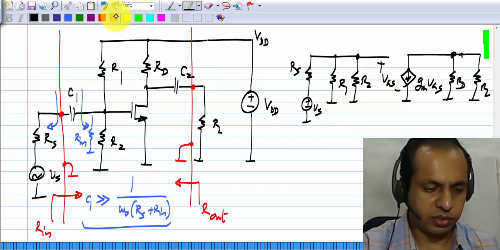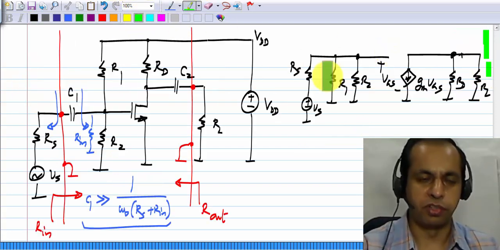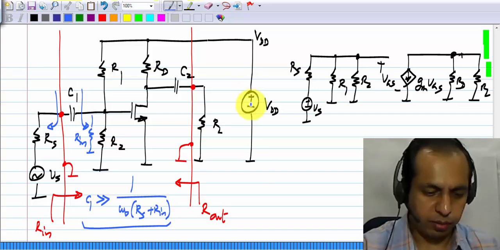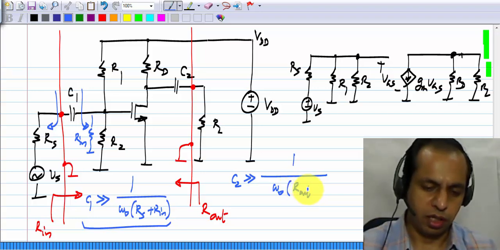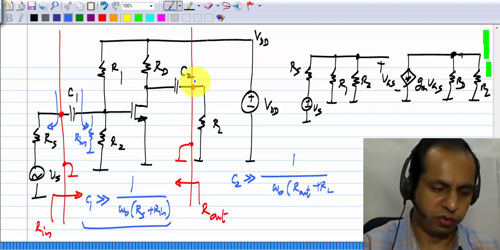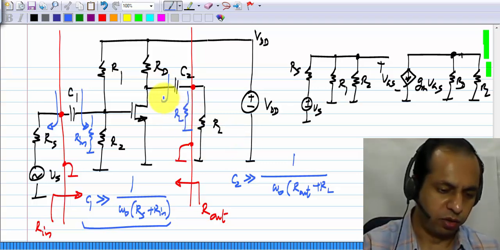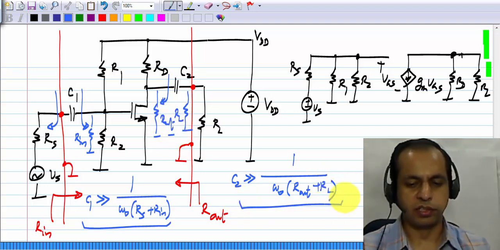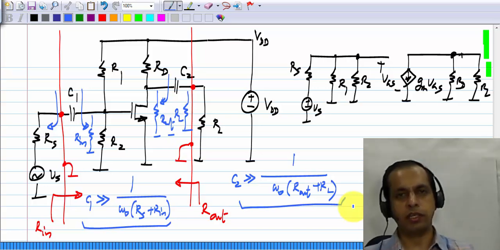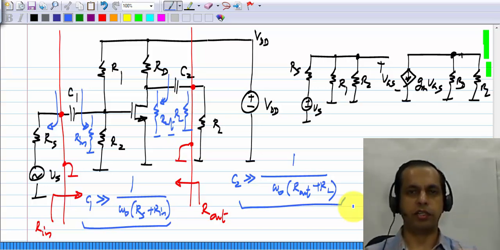And as with the case of a common source amplifier with drain feedback, the constraint on capacitor C2 would be that C2 should be much greater than 1 by omega naught times R out plus RL, because if you look at C2 on this side you have RL, and looking back that way you would have R out, whatever it is. Okay. And this is consistent with the conditions we had evaluated earlier, even before we defined the concepts of input and output resistances.